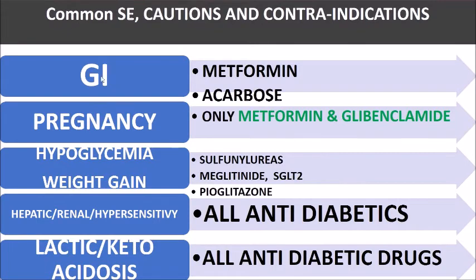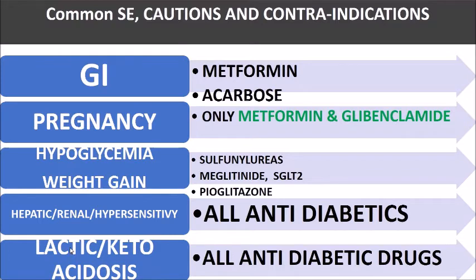If you look at the common side effects and the contraindications, most of them are contraindicated in lactic acidosis, which is especially important in metformin. It is an important type of acidosis, where decreased pH is caused by lactic acid accumulation in the blood.